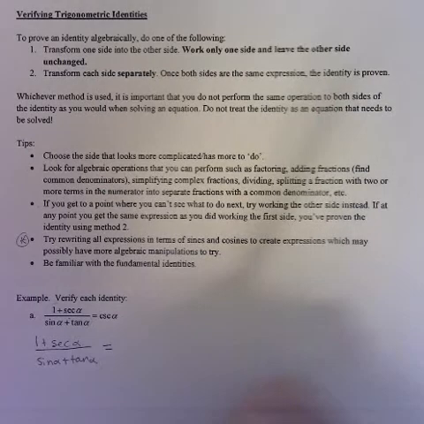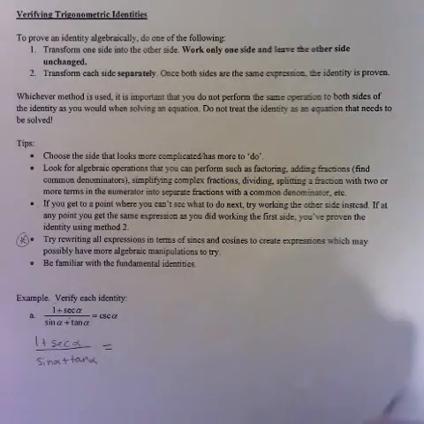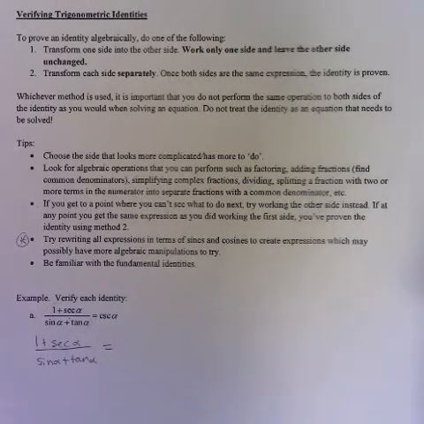I'll show you that as we work through some of the examples. Okay, it'd be better if I have some actual things to point to instead of just a blank page right now.